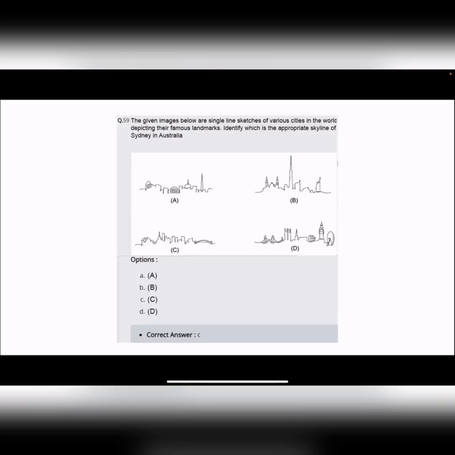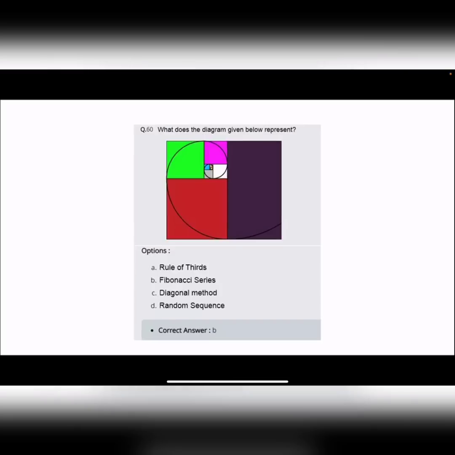Identify which is the appropriate skyline of Sydney in Australia. അപ്പോൾ എ, ബി, സി ആൻഡ് ഡി ഇത് ഒബ്സർവ് ചെയ്താൽ നമുക്കറിയാം കറക്റ്റ് ആൻസർ ഓപ്ഷൻ സി ആണ്.